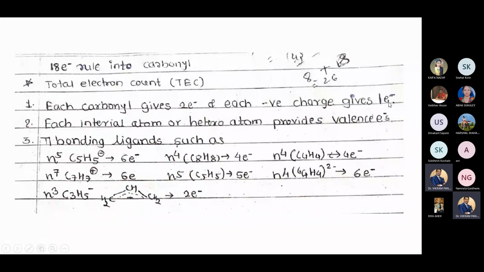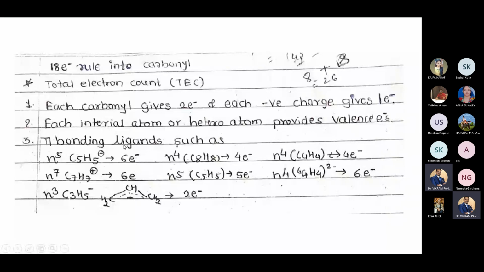So this is obvious. Okay, carbonyl gives 2 and negative charge gives 1. Then each heteroatom provides 1 electron. Heteroatoms, I will show you in the example how they give electrons.